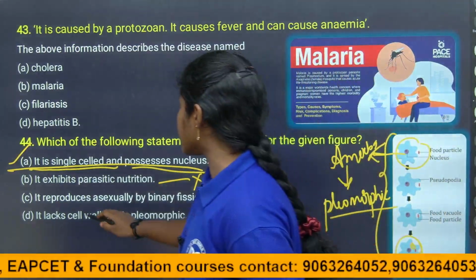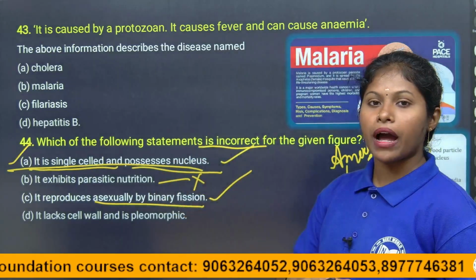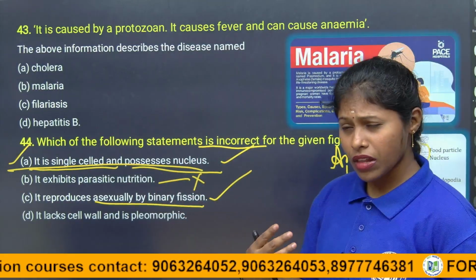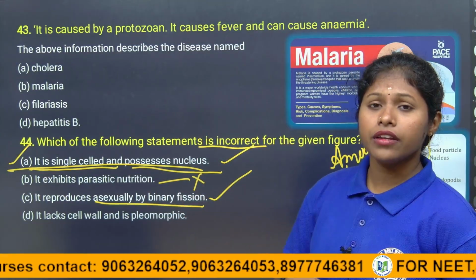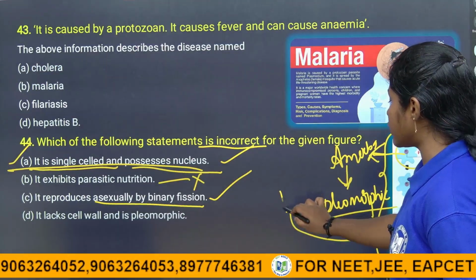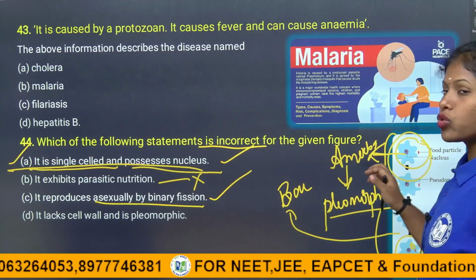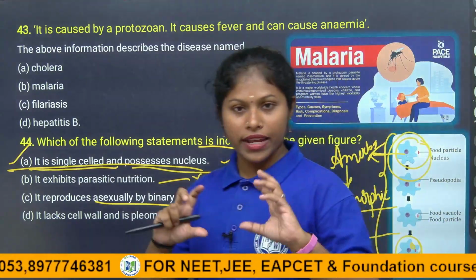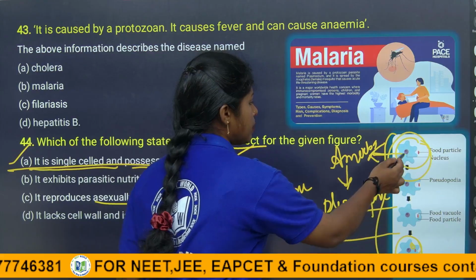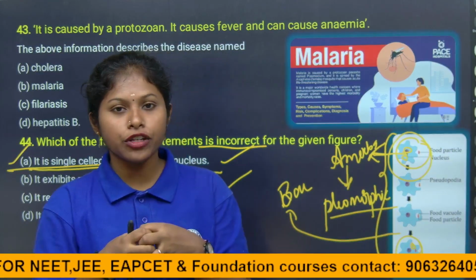It reproduces asexually by binary fission. Of course, how does the amoeba reproduce? It shows binary fission, as bacteria also exhibit binary fission. When conditions are suitable, children, it becomes twice in size, the nucleus is copied, and it is transferred to the two daughter individuals.